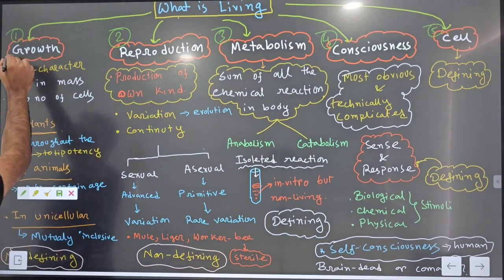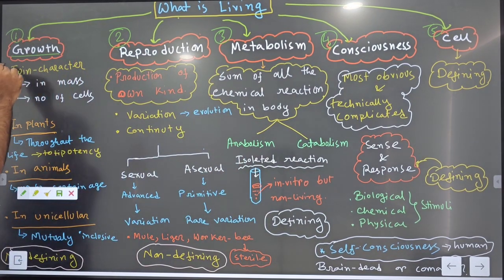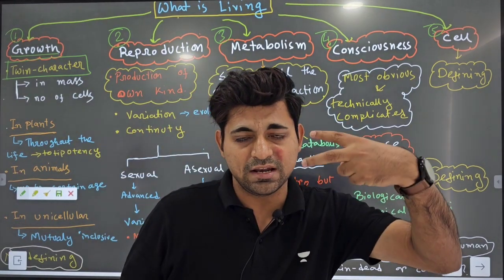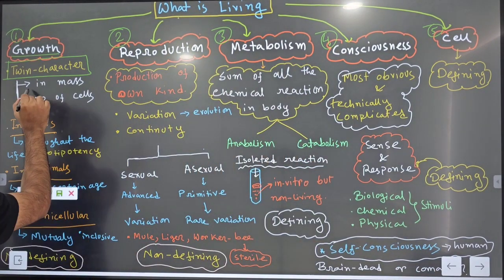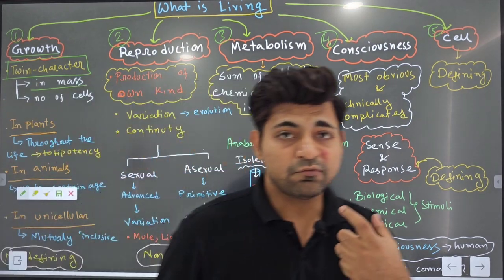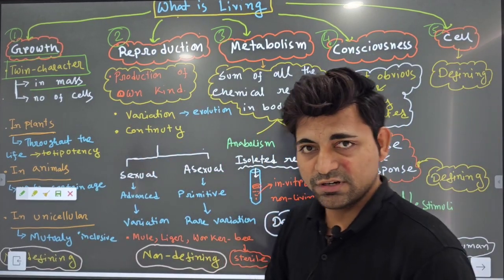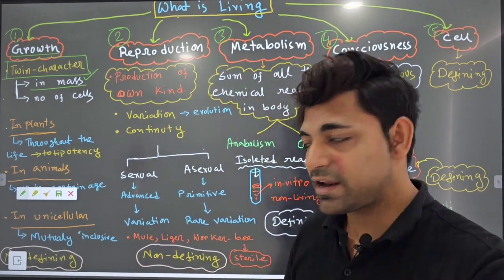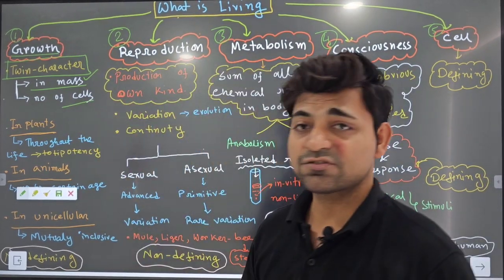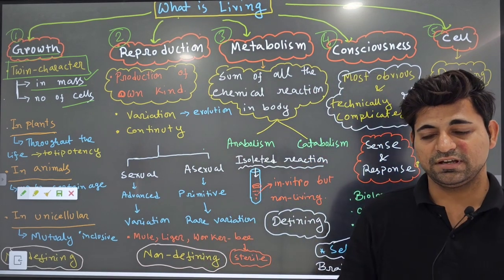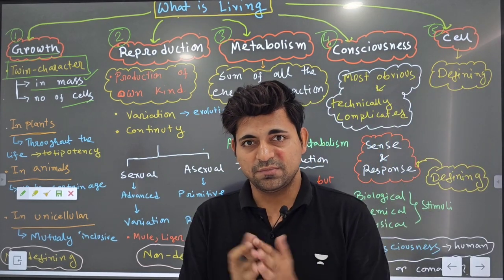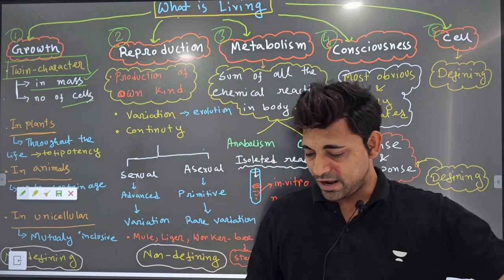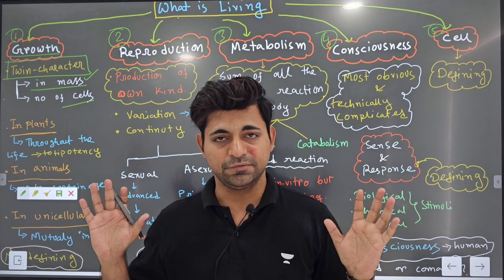Similarly, when you talk about growth, growth is described as a twin characteristic. Twin means two, double. We understand what growth is: when a particular entity is growing in mass, and secondly, when it is growing in number of cells. Suppose I am 30 years old, and within these 30 years I have eaten million tons of food.